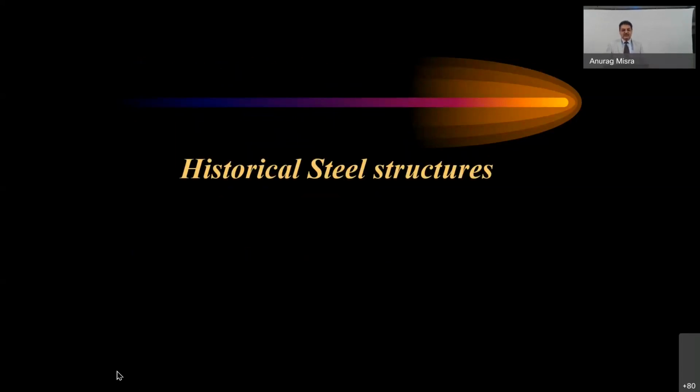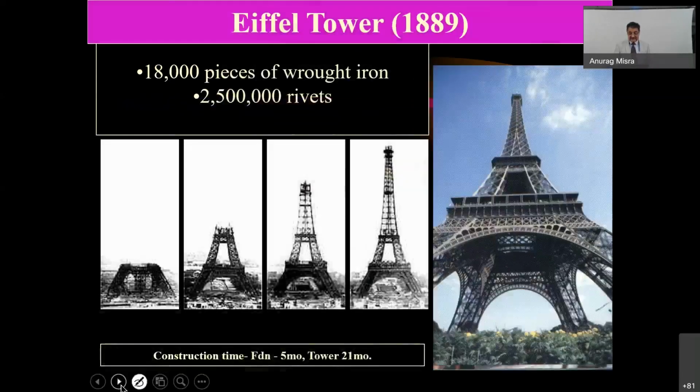Then I'll quickly go through some historical steel structures. They are, in my opinion, some of the older pre-engineered structures, and this is one of them, that very famous Eiffel Tower, which was made into thousands of small pieces. So these pieces were made, and then the erection was done for making this beautiful structure, which is still standing and is admired by the huge number of people from around the globe.